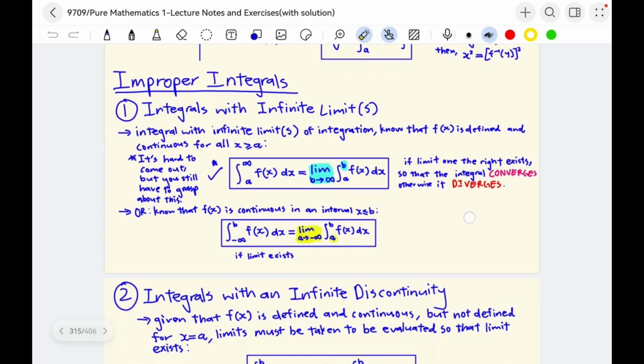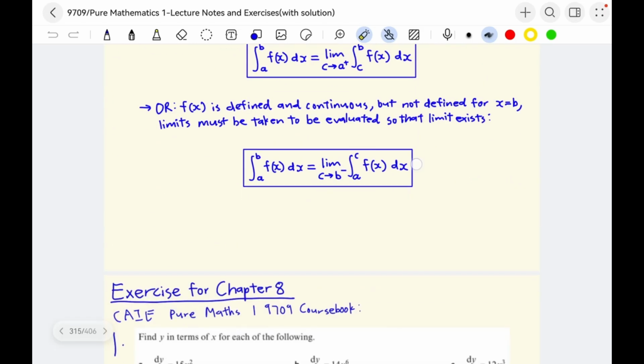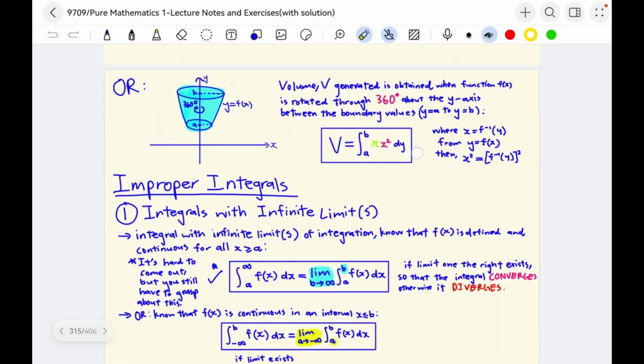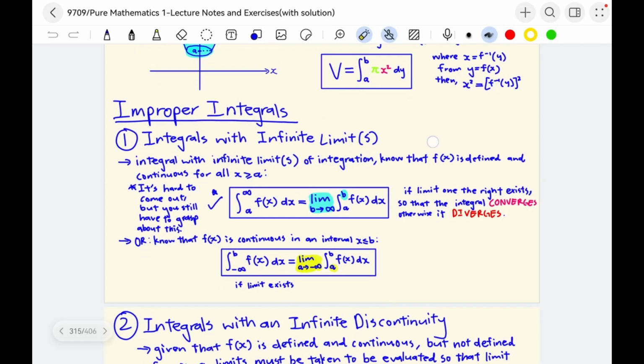Okay. So what you know about the improper integrals is when the integral seems not to be integrable. Alright? So there are a few scenarios that you should know. First, integrals with infinite limits. What does it mean? It means that one or both limits have undefined values, right?